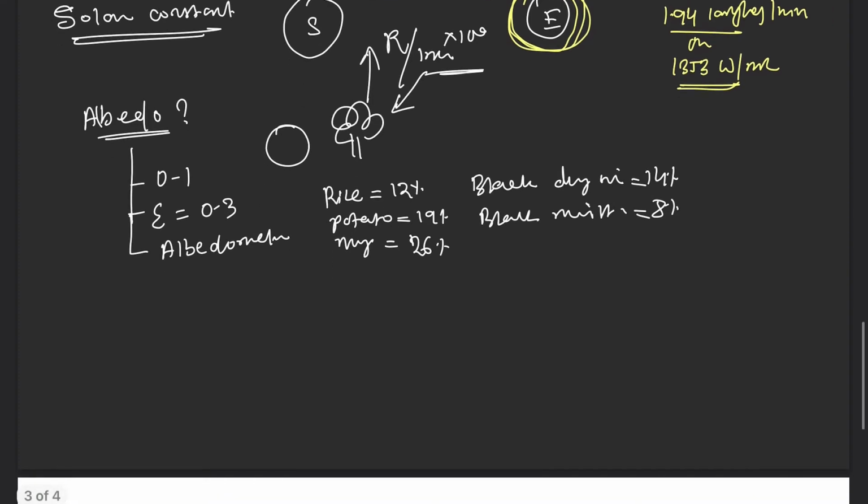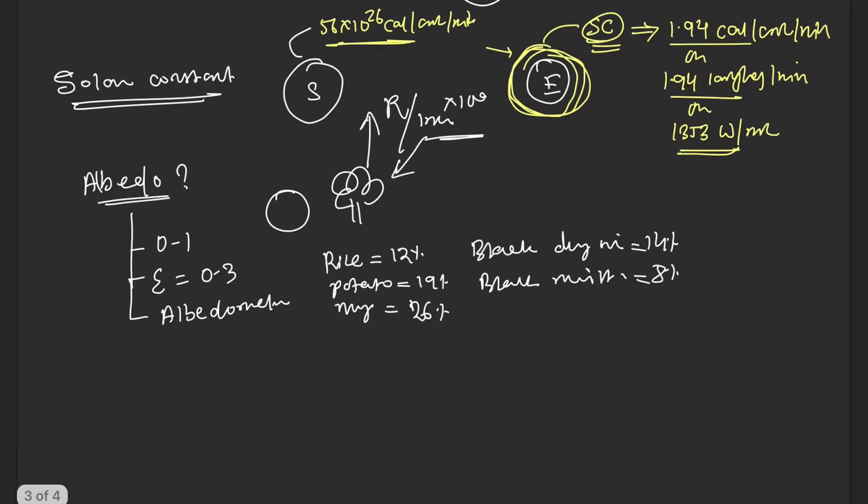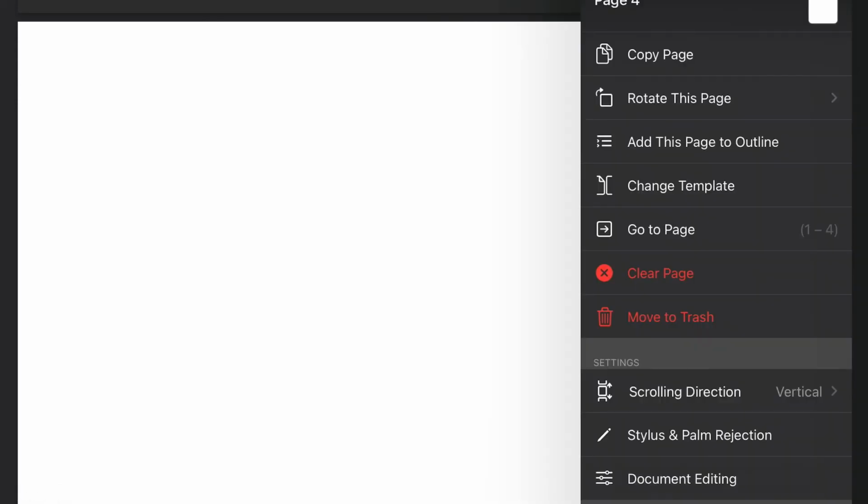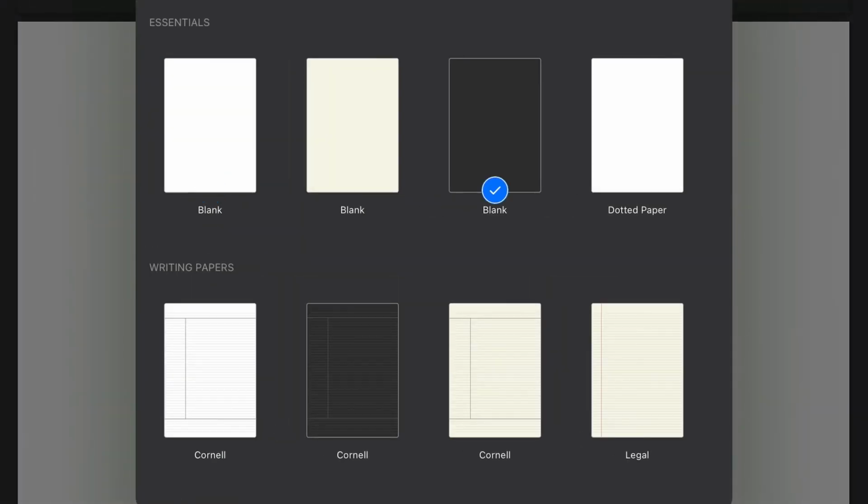Then we have discussed short wave radiation, long wave radiation, then terrestrial radiation. Then we will discuss what is net radiation. There are different kinds of radiation. One is global radiation, total radiation. What is global radiation?